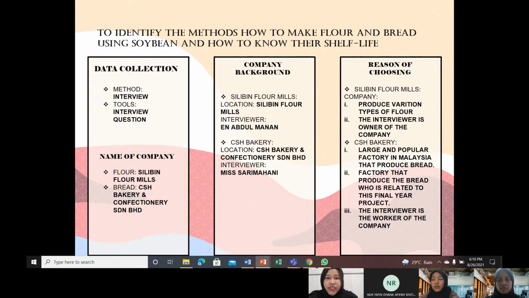The companies are CDB Flour Mill and CSH Bakery and Confectionery Sdn Bhd. CDB Flour Mills is located in Ipoh, Perak, and CSH Bakery is located in Johor. We chose CDB Flour Mills because it produces various types of flour, and the interviewee is the owner of the company.